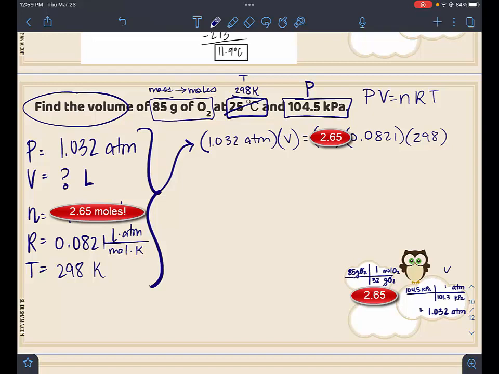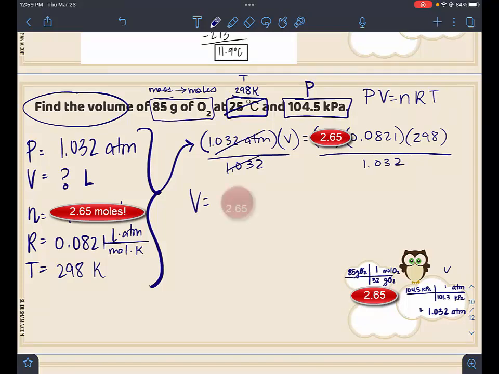Okay, we're so close, y'all. How are we going to get V by itself here? Well, we're going to use our algebra. V is multiplied by 1.032. We need to divide by 1.032. Divide both sides by 1.032. Cancel, cancel. All right, so what's left over?